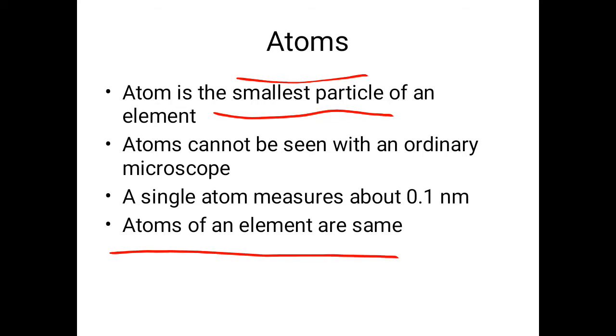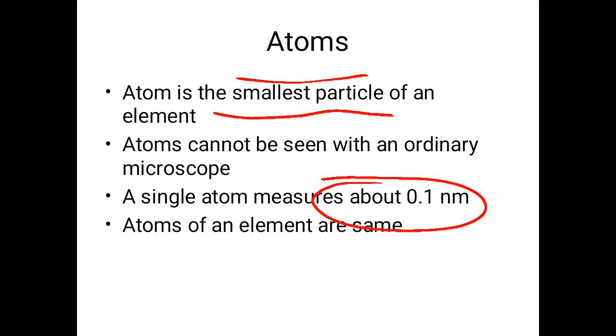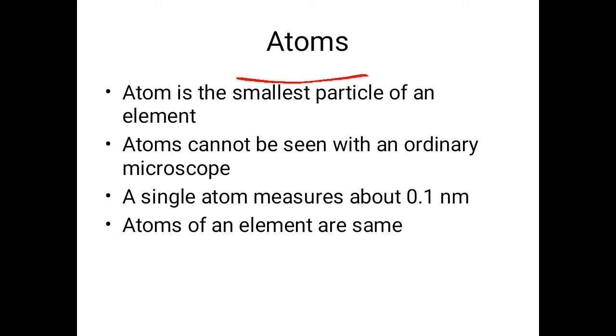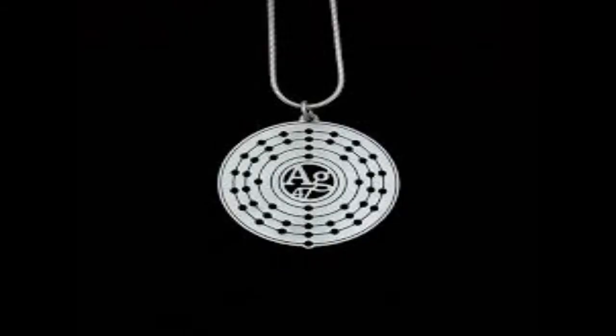And atoms of an element are same, they are identical, and we have to consider their size. We are talking about atoms all the time, but we are talking about a particle which cannot be seen through a naked eye or even by an ordinary microscope. Its size is around 0.1 nanometer.